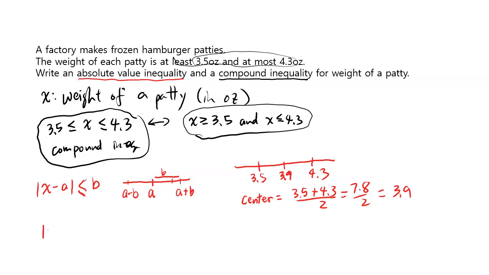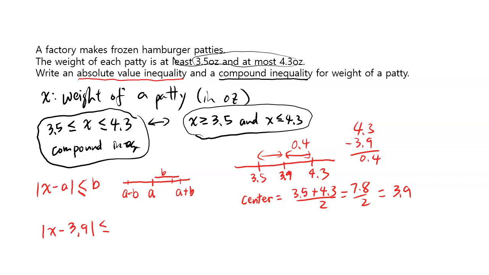So now all we need to do is figure out what goes on the right side. Well, that's the length from the owner to the farthest point, which is 4.3 minus 3.9, which is 0.4. So 0.4 is this length, and likewise, if you subtract 0.4, you get to 3.5, because 3.9 is the midpoint.